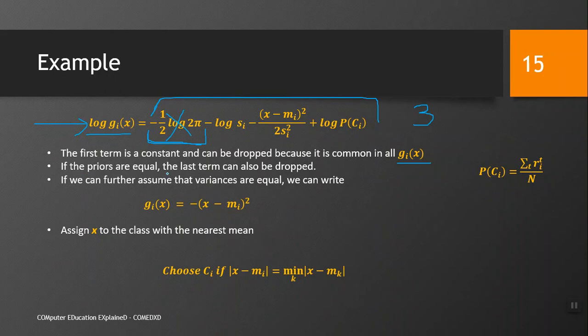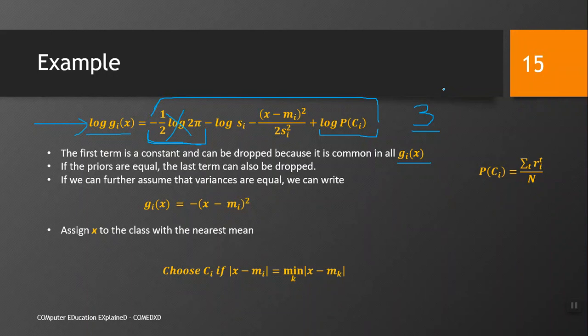If the priors are equal, the last term can also be dropped. It will only have an effect if the priors are not equal, but let us suppose that the prior for each class is equal, meaning we have a balanced data set in which we have, for example, 50-50 instances, right.